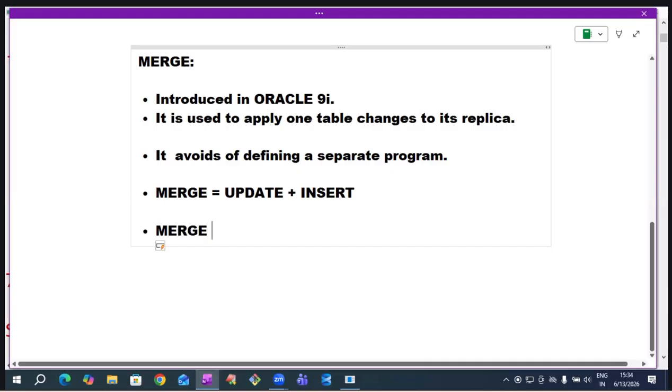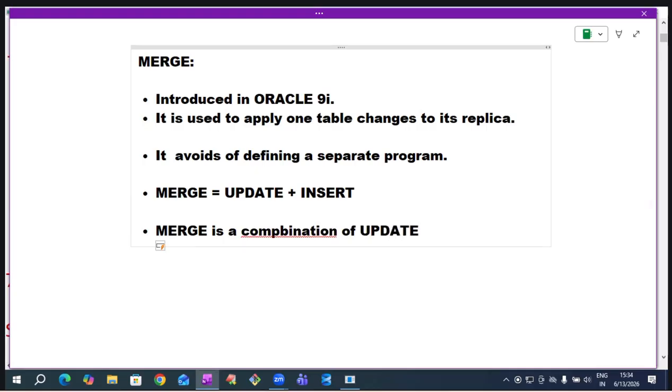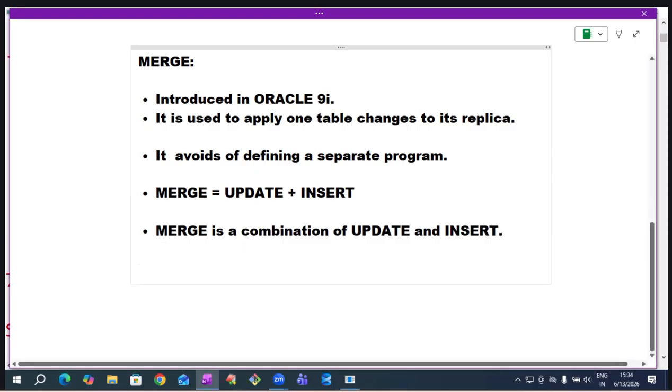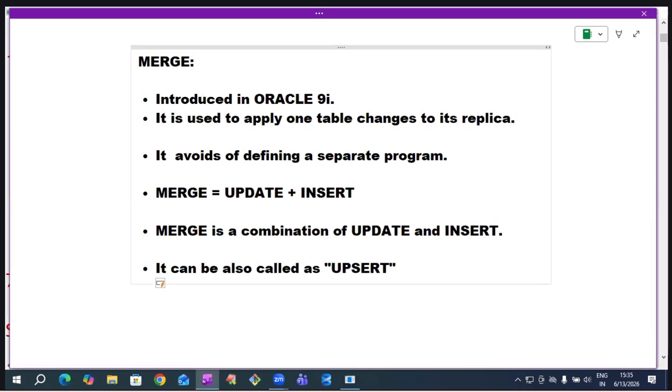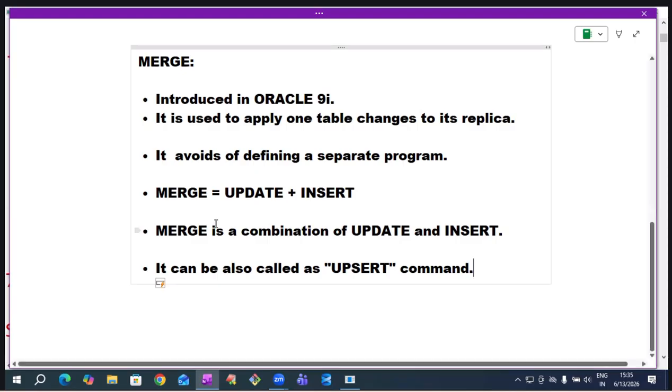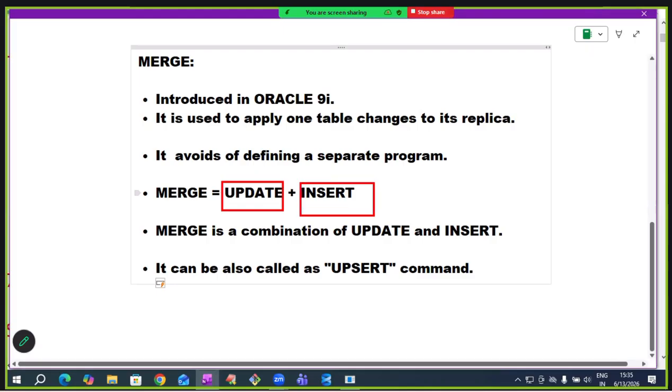That is why it can also be called the upsert command. The merge command can be called the upsert command, because in the merge operation either we do update or insert. If existing record, update. If new record, insert.